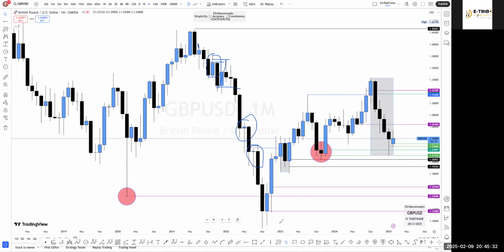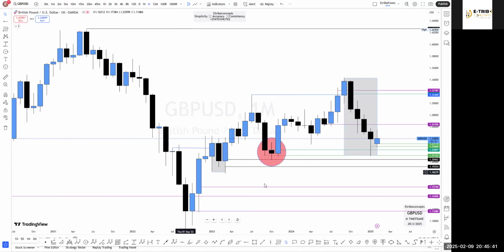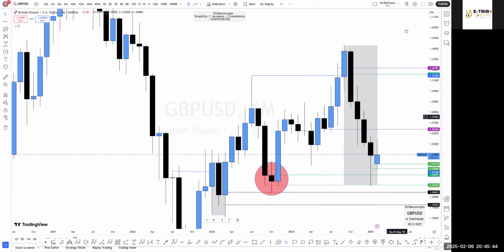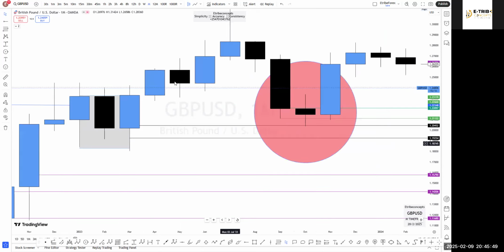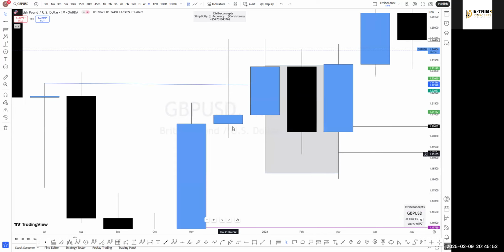Now, from this zone, let me try to make it a bit bigger. That is a monthly time frame, and I want to explain something to you.